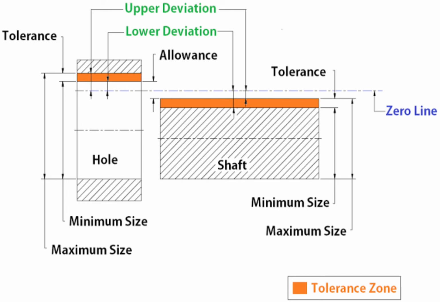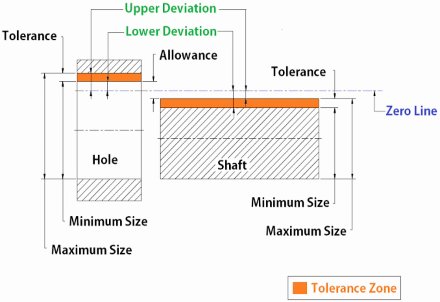The minimum size of the hole is the inner side of the hole, and the maximum size means how much distance it goes away from the minimum size. Same in the shaft, having maximum size and minimum size. The diameter of the shaft having some maximum value or some minimum value is the maximum and minimum size.